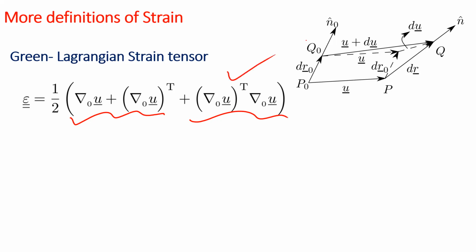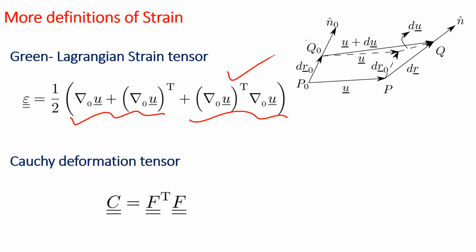Okay, so the Green Lagrangian strain tensor is also in use in wave mechanics to identify defects. That's one such example. If you're not dealing with real infinitesimal deformations, then this is one small increment to it. Likewise, there is also the Cauchy deformation tensor, which is defined purely in terms of the deformation gradient.